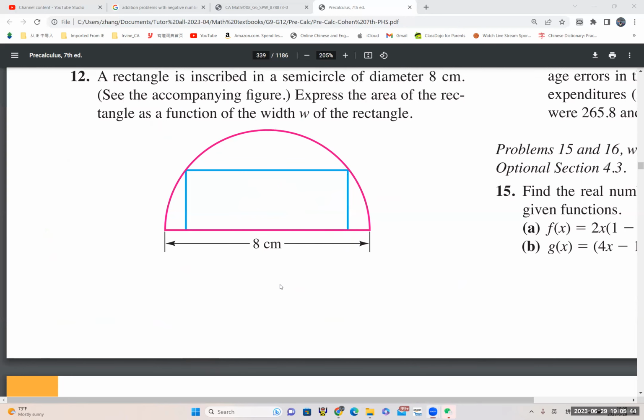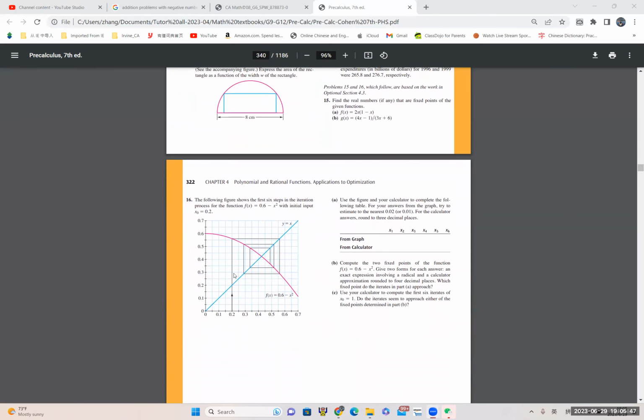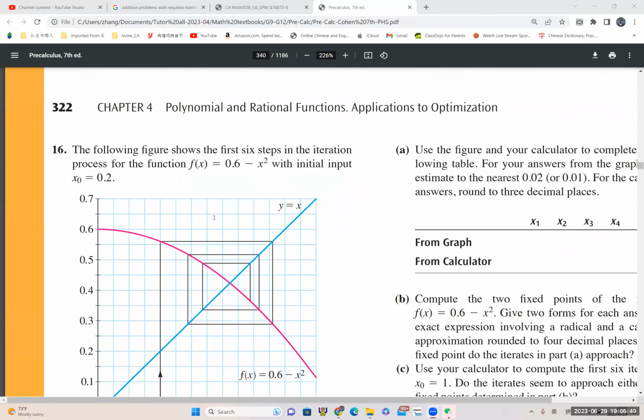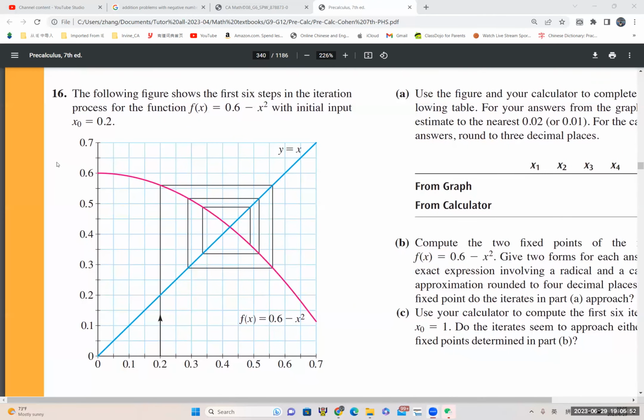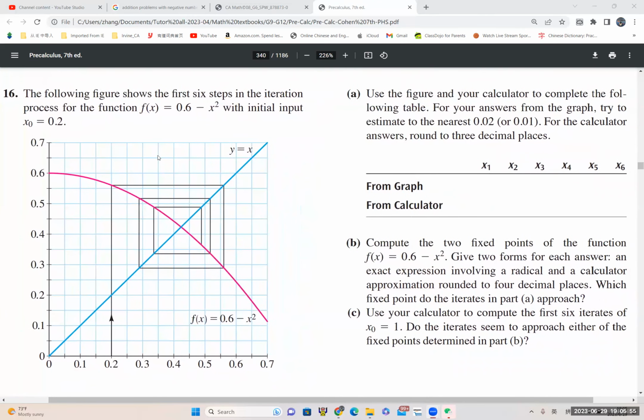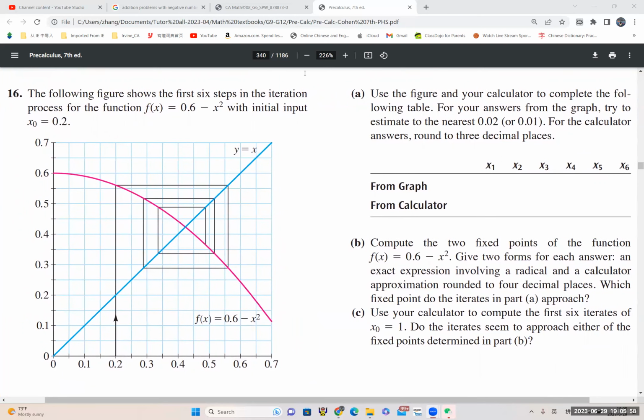Now let's go to 16. The following figure shows the first 6 steps in the iteration process for the function, in purple, with the initial input x0 equal to 0.2.